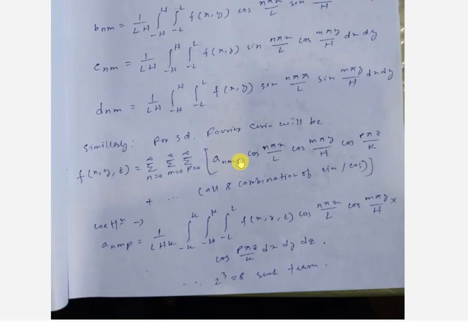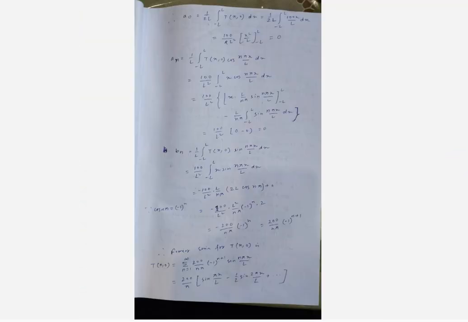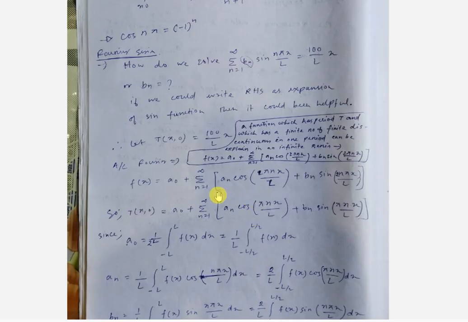Similarly, for the third dimension, if we have x, y, and z, then we will get n from 0 to infinity, m from 0 to infinity, and p from 0 to infinity, a nmp cos n pi x by l cos m pi y by h. You can see here the function we got earlier could be written as a naught plus an cos n pi x by l plus bn sin n pi x by l.